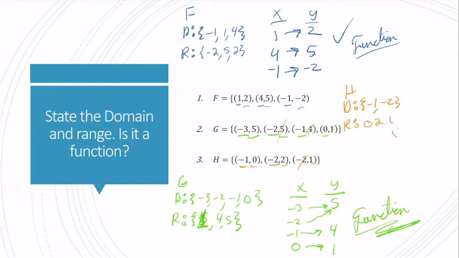So I've got my x's, which are my domain, and my y's, which are my range. So -1 goes to 0, -2 goes to 1, and -2 goes to 2. Does this vending machine work? No, because this x value has 2, count them, 1, 2 y values. So this is not a function.